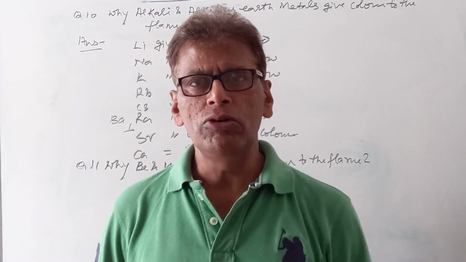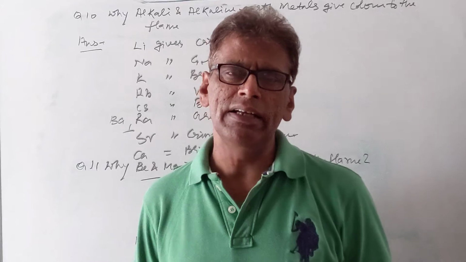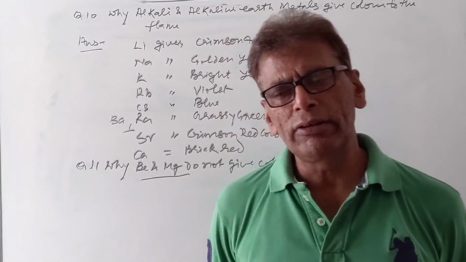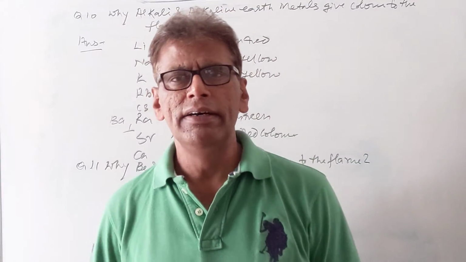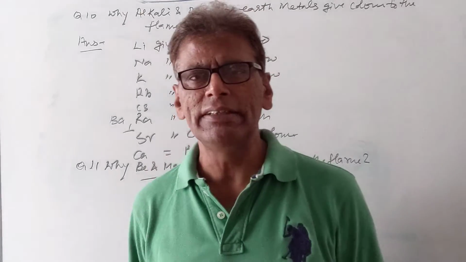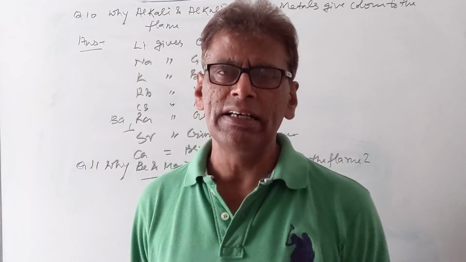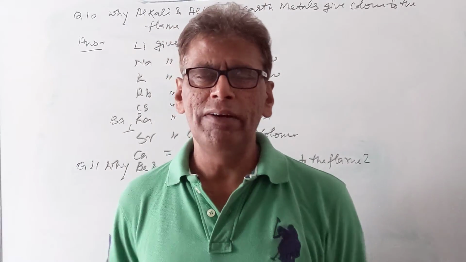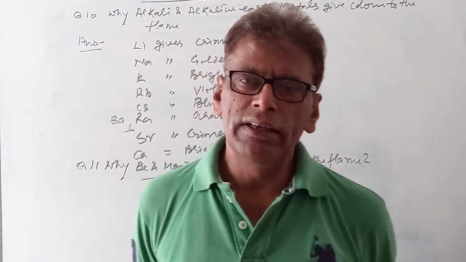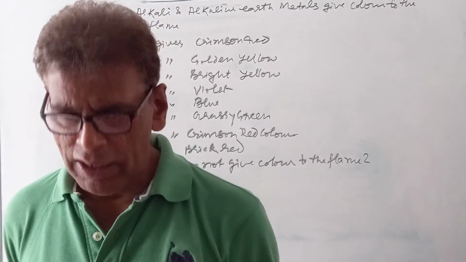They are not able to excite their valence electrons by taking energy from the flame, because that energy is not energetic enough. If the electrons are not excited, then what will come out of an excited state? There is no excited state obtained in these cases. So for beryllium and magnesium, due to their small sizes, high ionization energy, and the incapability of the flame to supply that much energy to their valence electrons, color is not obtained when they are heated in the flame.